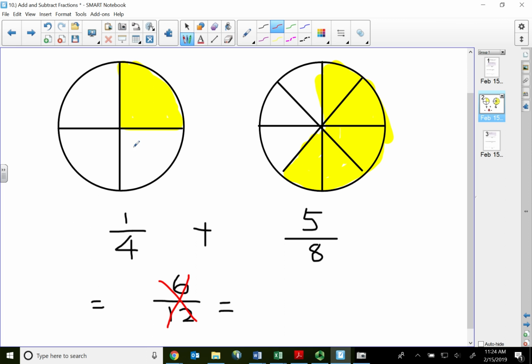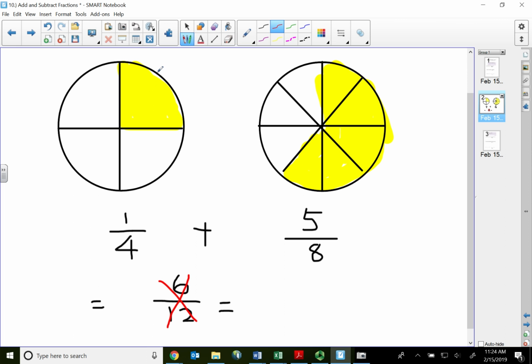This one large slice is equivalent to 2 of those I ate. So the very first thing we have to make sure is the pizzas are cut evenly. They have to be 8 equal parts for both of them before I can take a look at exactly how many slices I ate.